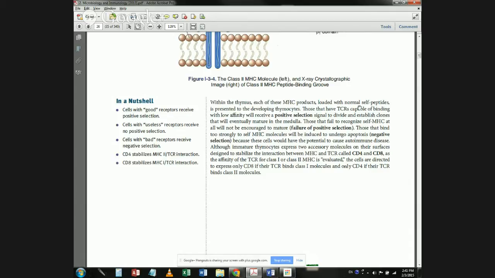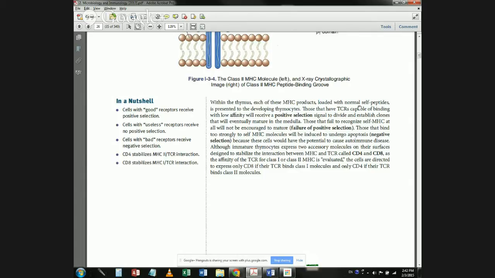Remember, they have T cell receptors and they also have CD3, designed to stabilize the interaction between major histocompatibility protein and the TCR, called CD4 and CD8. As the affinity of the TCR for class 1 or class 2 MHC is evaluated, the cells are directed to express only CD8 if their TCR binds class 1 molecules, and only CD4 if their TCR binds class 2 molecules.